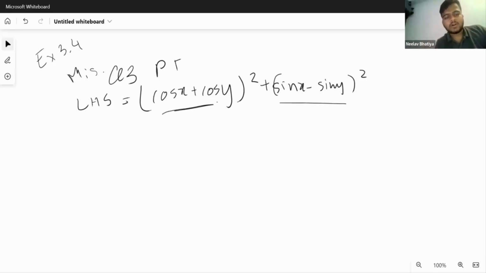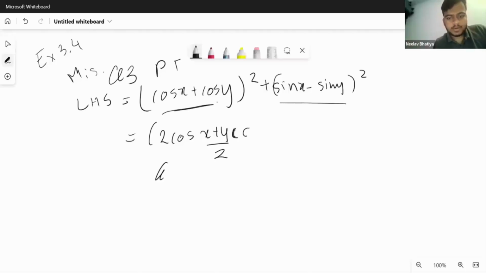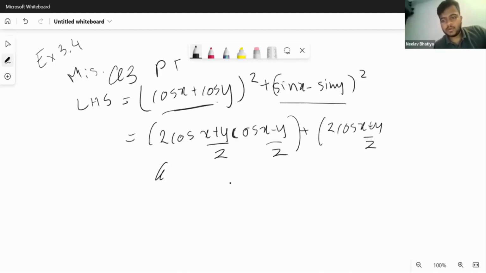So cos C plus cos D is nothing but 2 times cos (C plus D) by 2 cos (C minus D) by 2, plus sin C plus sin D, which is nothing but 2 times cos x plus y by 2 sin x minus y by 2, correct?